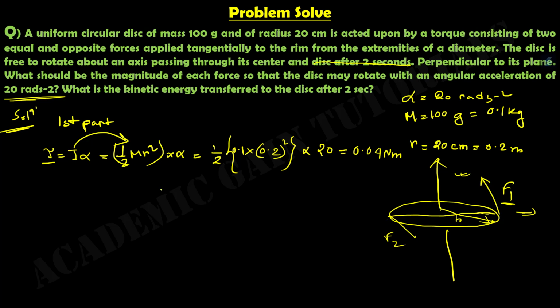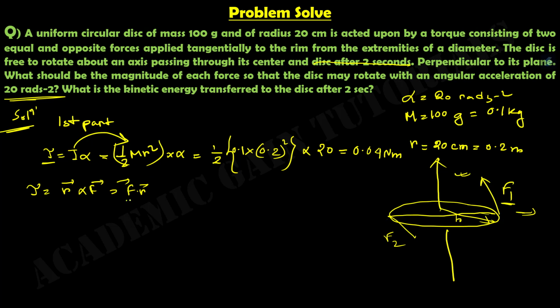So what should be the magnitude of each force? If I want to find the magnitude of each force, we know torque tau equals r cross F, or in magnitude, F into r.